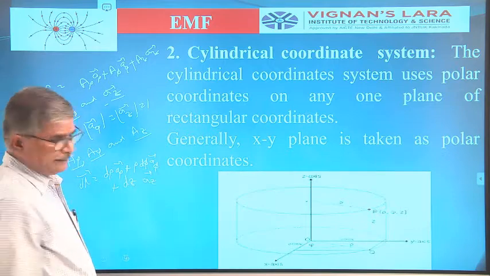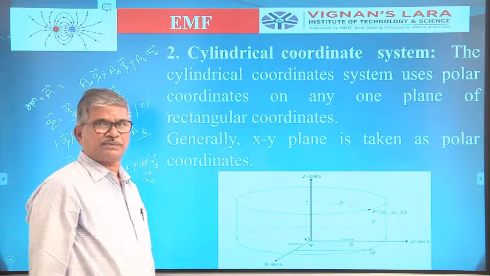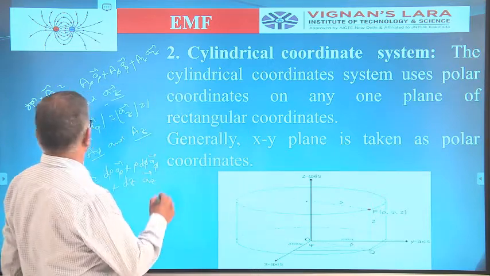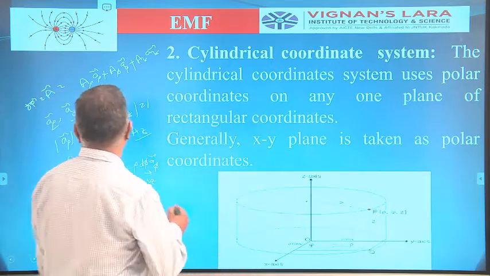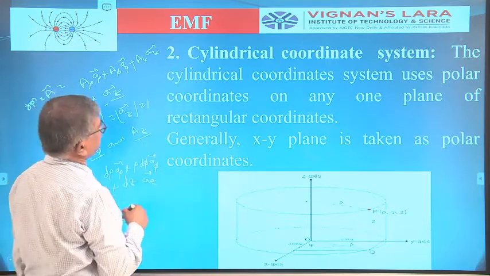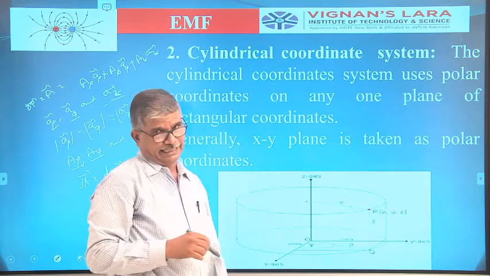Now we define the surface areas. So here there are three surface areas: surface area normal to the radial direction, normal to the phi direction and normal to the z direction.